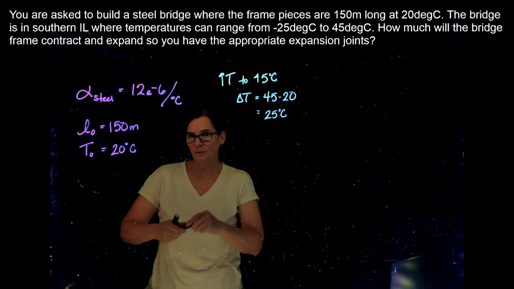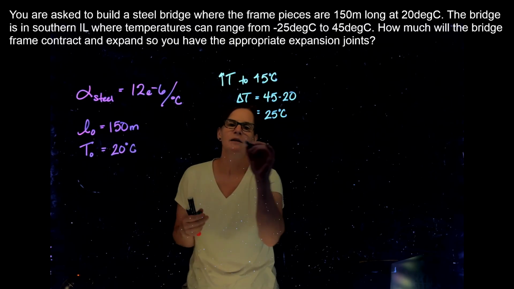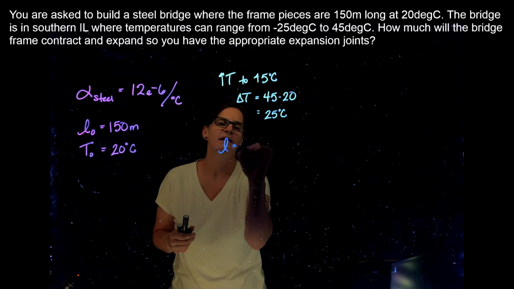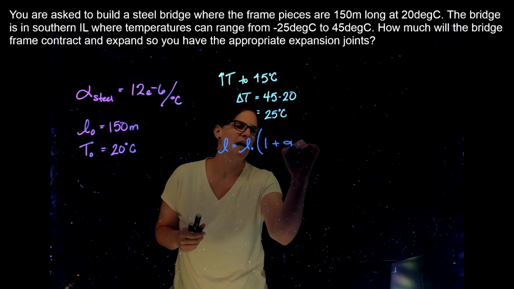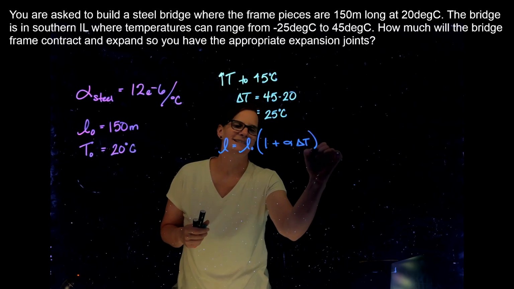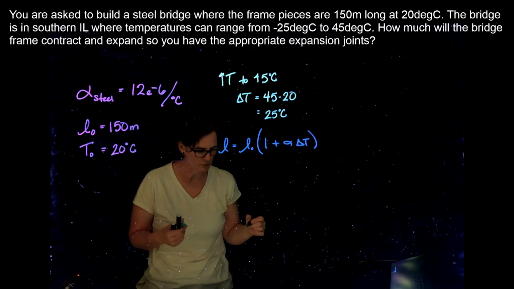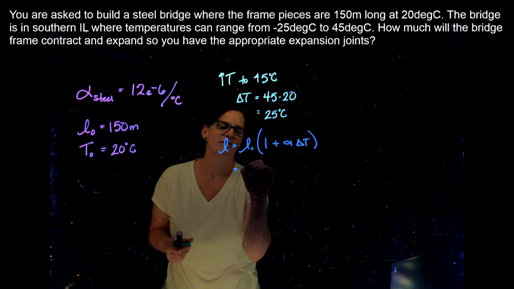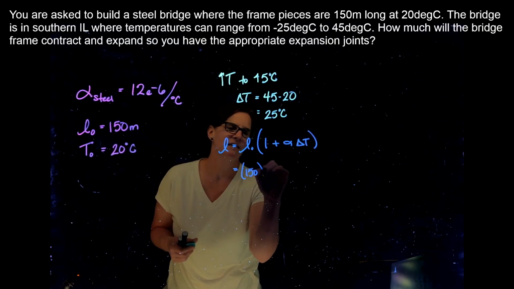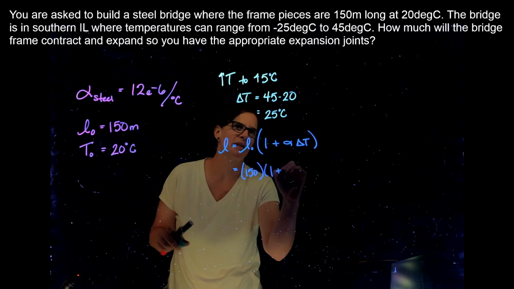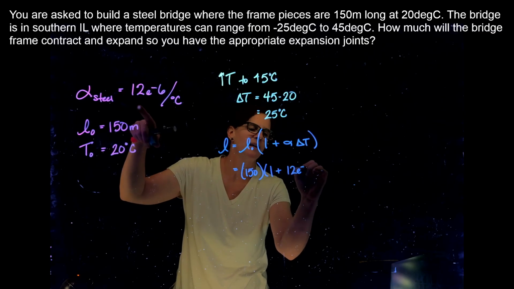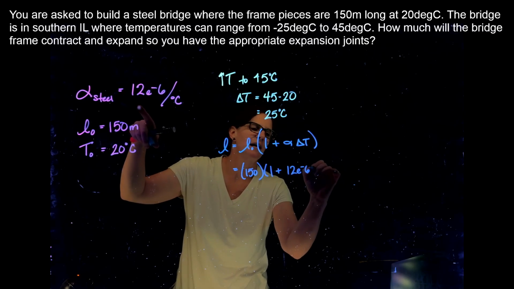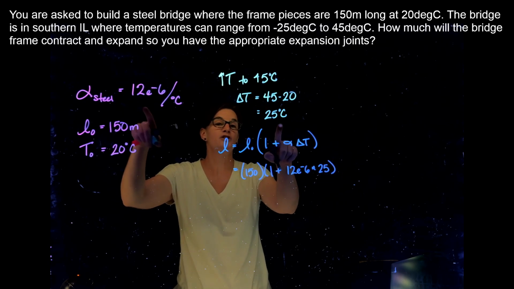So using our relationship for linear expansion, we have that the new length is equal to L naught times 1 plus alpha delta T. So what will my new length be? We have 150 times 1 plus 12 e to the minus 6 times 25. And again, what's important is that we're using our change in temperature.